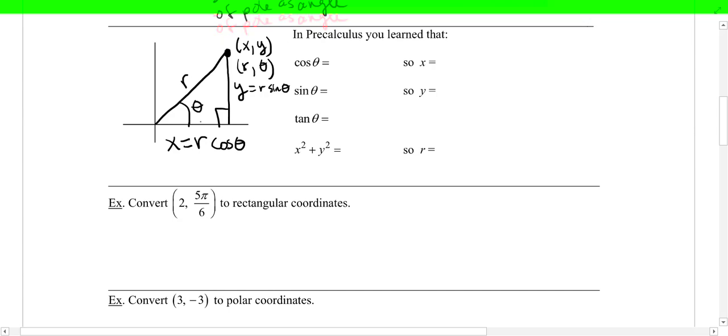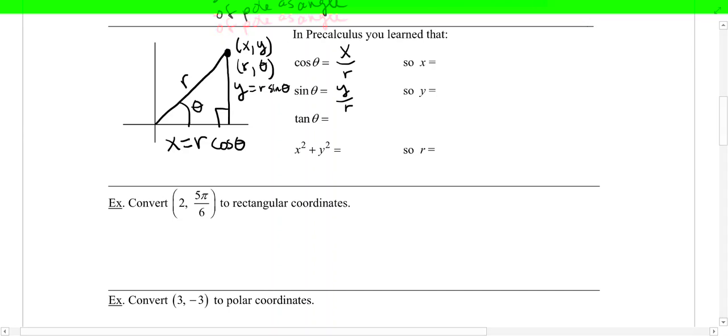Because if you think about SOHCAHTOA, if we're talking about cosine, cosine is the adjacent over the radius. And sine is y over radius.